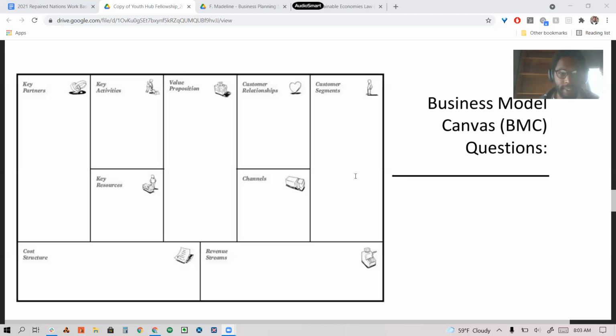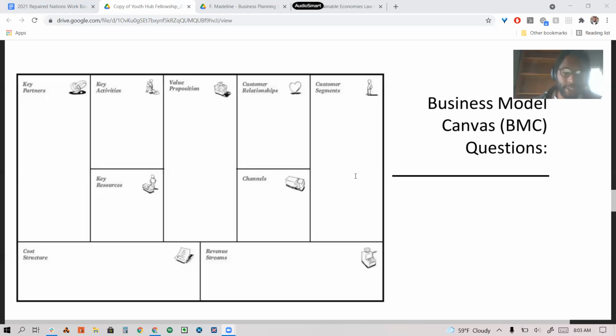Before I go into the questions, how people normally approach these things is starting in the middle with the value propositions, and then going over to the right with the customer segments, relationships, and then working through the rest of the business model canvas.